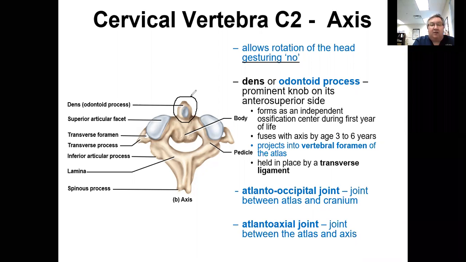This structure is known as the dens. You can also call it the odontoid process. Whatever is easier for you, I don't care. The dens or the odontoid process is only found on C2, on the axis. So again, C1 allows for yes, C2 allows for no.